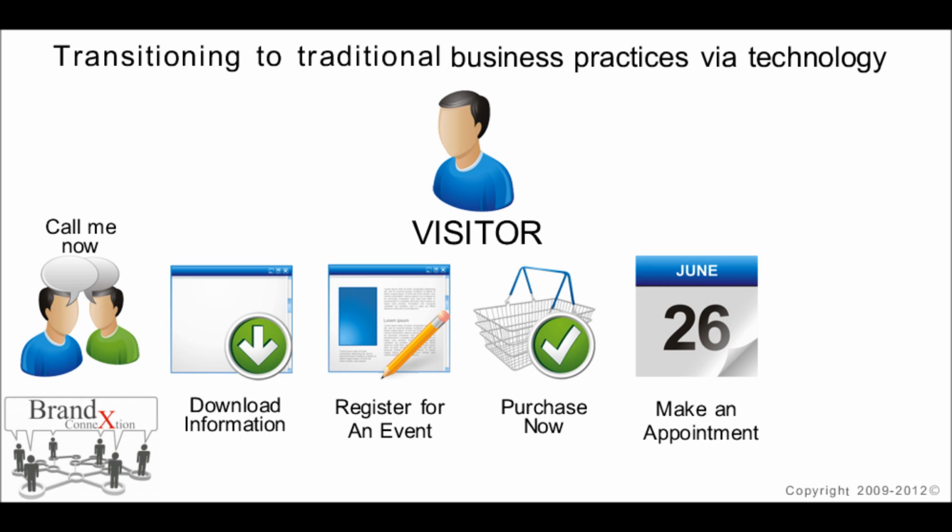I want to see somebody and I want to make an appointment next week. And of course, just send me information. So if you take the time to actually listen to the customer, to the visitor, then depending on how they interact with you, you will get a better outcome once you have served up the way that they want to do business with you.